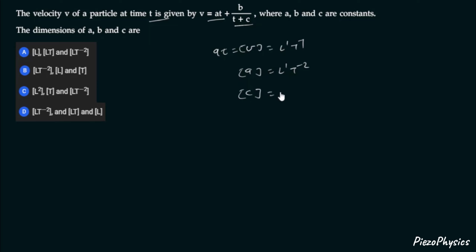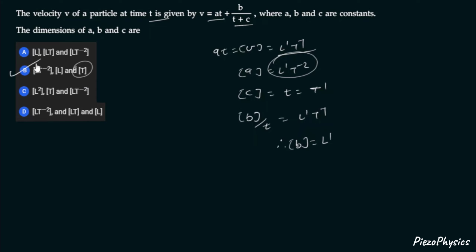The dimension of C will be equal to time, which is T1, and the dimension of B divided by T will be equal to L1 T minus 1. Therefore the dimension of B will be just L1. So A has dimension L1 T minus 2, B has dimension L1 and C has dimension T1. So option B will be correct.